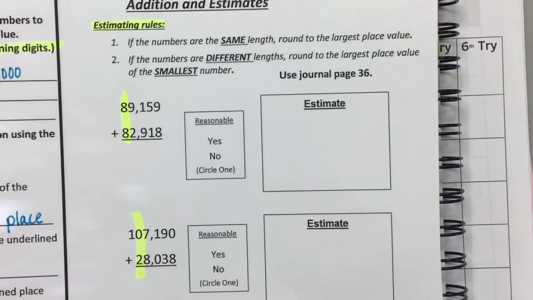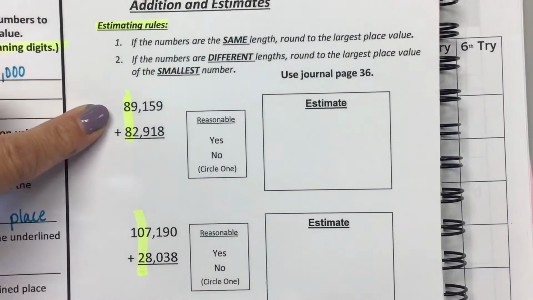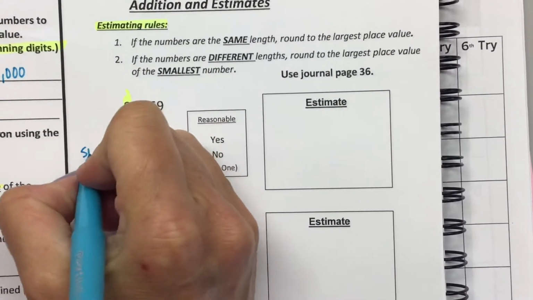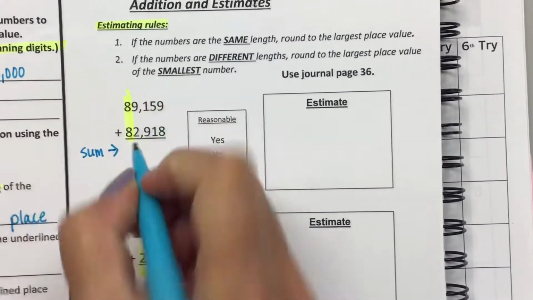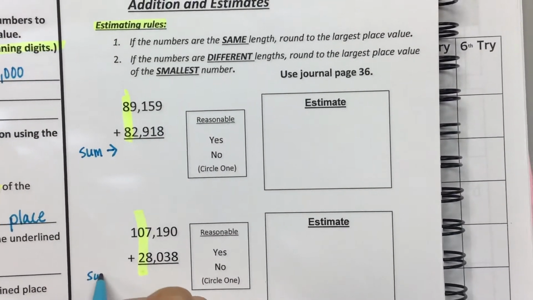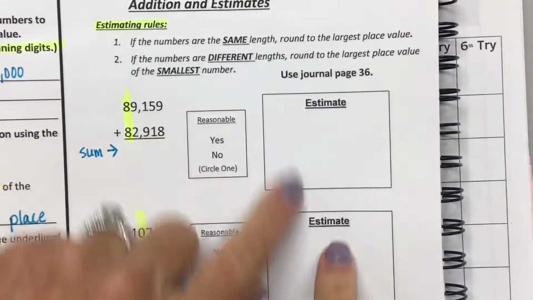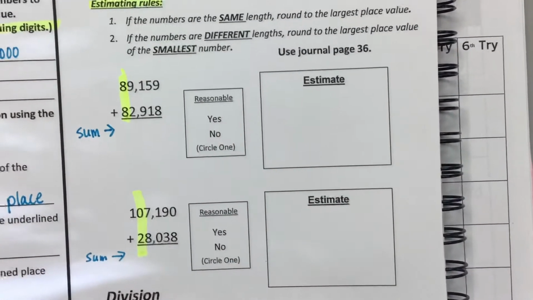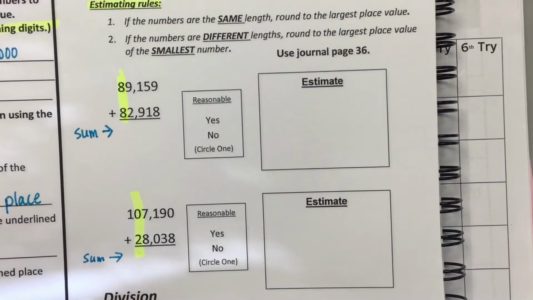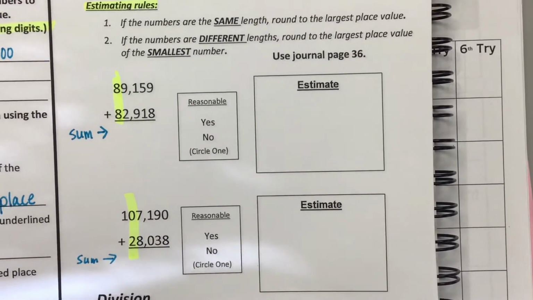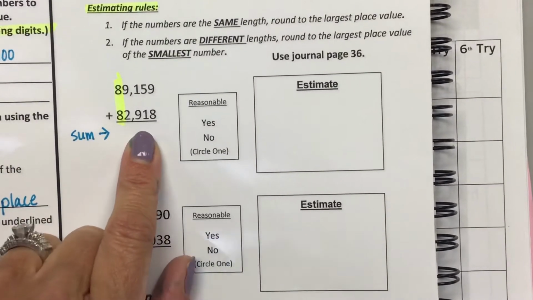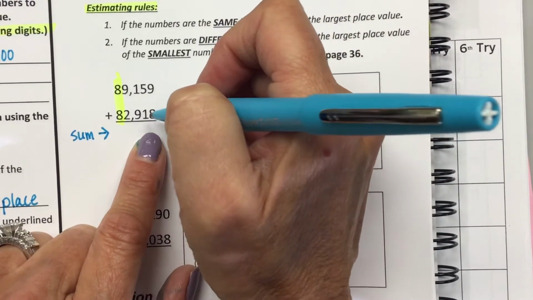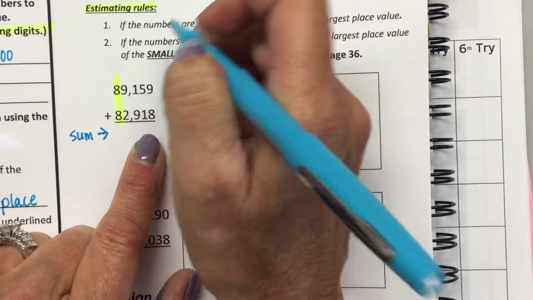Okay, now you need to actually add the numbers over here. You need to put a sum right here. There needs to be a sum. Then you need to estimate, and then you need to decide if it's reasonable. Should we do one of these together? Okay, let's add it together first. 9 plus 8 is what? 17.